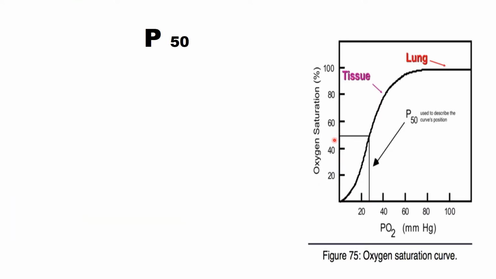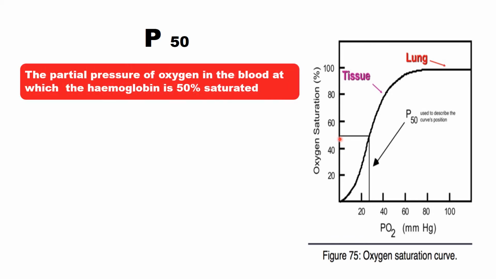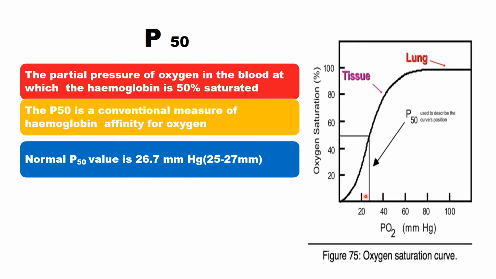Talking about P50, P50 is defined as the partial pressure at which the hemoglobin is 50% saturated. Looking at this graph, we can see the hemoglobin saturation of 50% corresponds to a partial pressure value of 26.7.